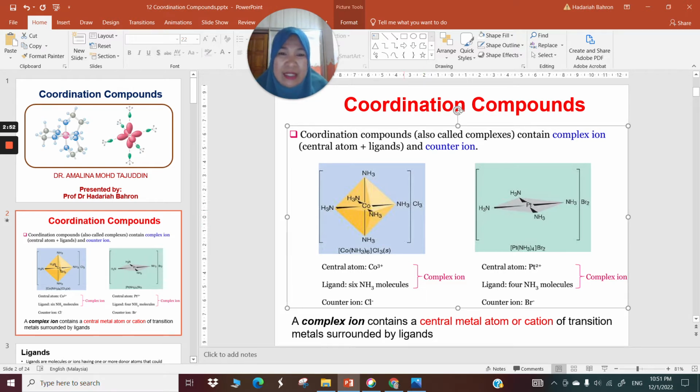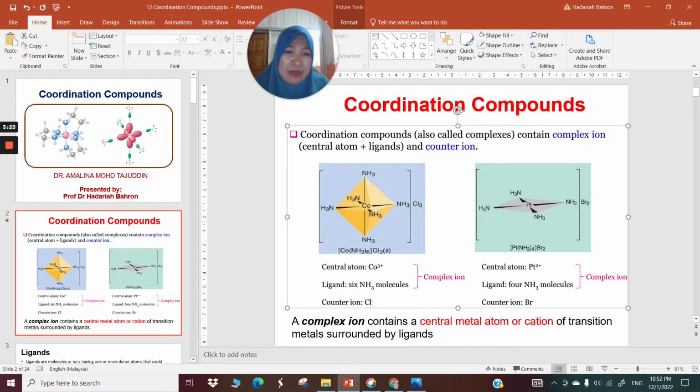That means this bracket carries a 3 plus charge, and the 3 plus charge comes from the cobalt itself because the ammonia does not carry any charge. So the central atom is cobalt 3 plus. The ligands are 6 ammonia molecules, and the combination of this central atom with the ammonia molecules we call the complex ion, and the chlorides we call the counter ions.